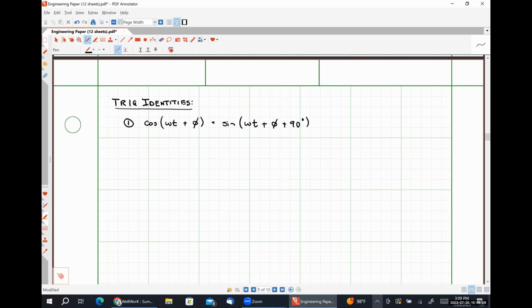So all this means is that if we want to convert a cosine function to a sine function, we simply add 90 degrees to the phase angle.